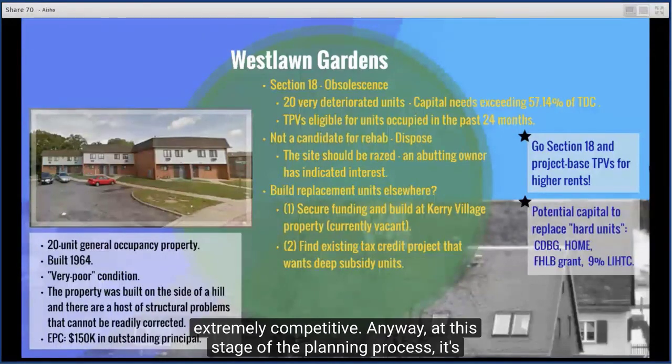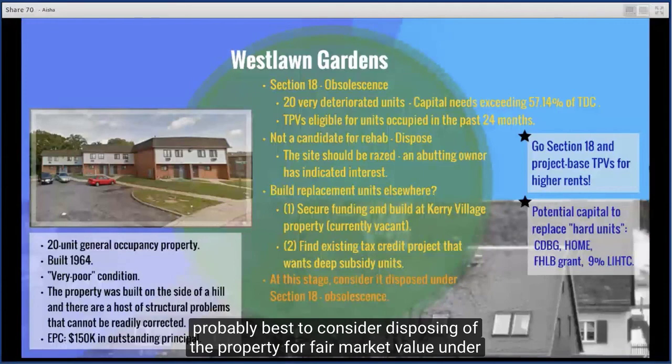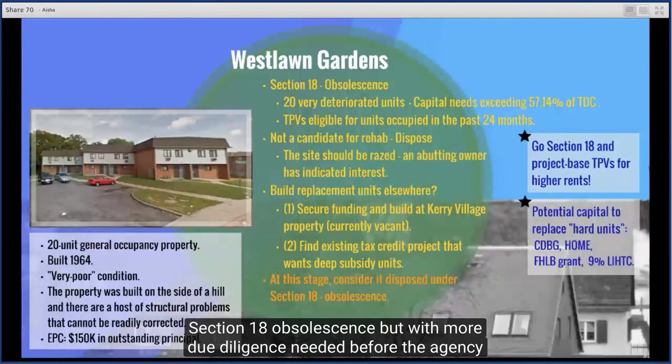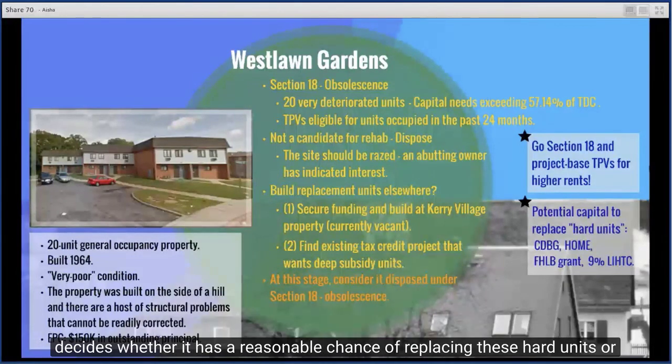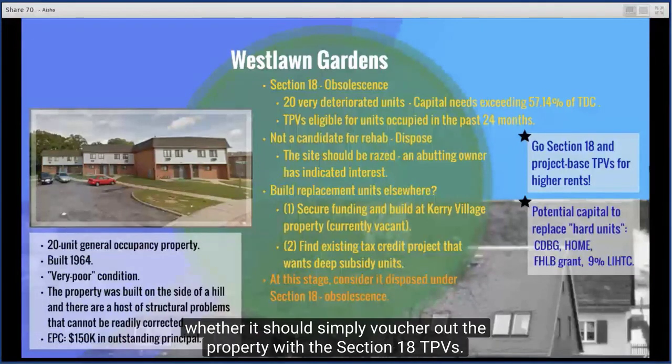Anyway, at this stage of the planning process, it's probably best to consider disposing of the property for fair market value under Section 18 obsolescence, but with more due diligence needed before the agency decides whether it has a reasonable chance of replacing these hard units or whether it should simply voucher out the property with the Section 18 TPVs.